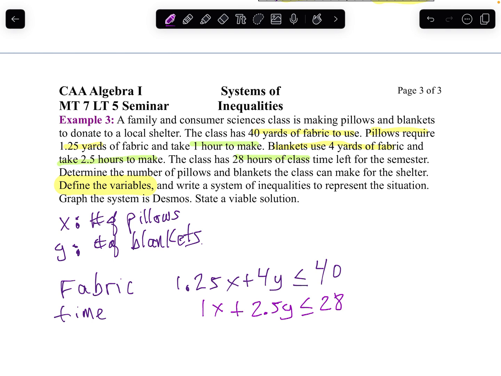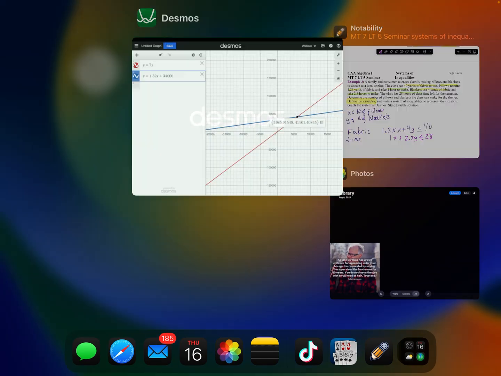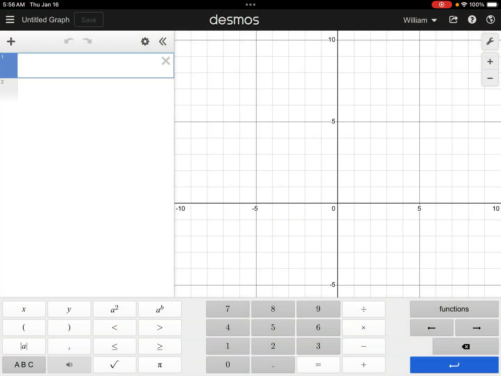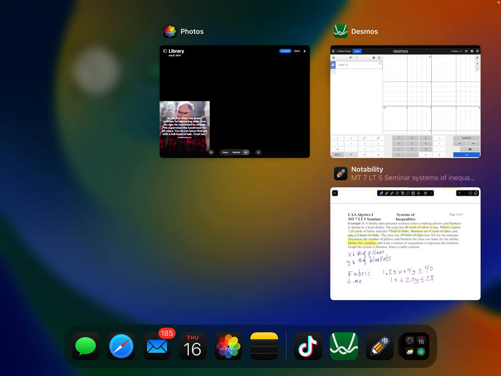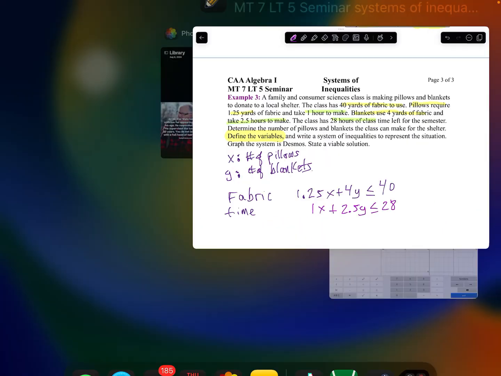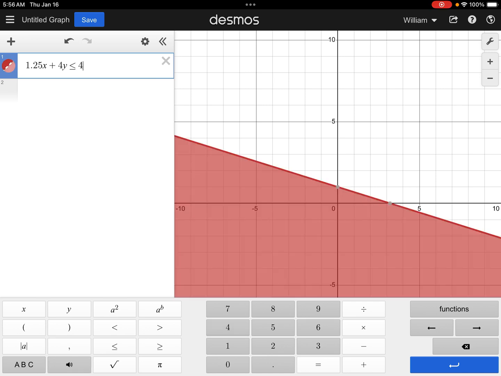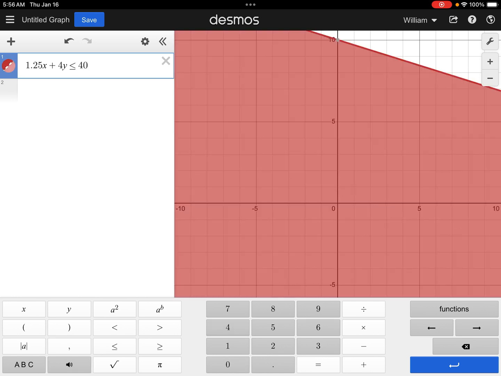Now let's type this into Desmos. So 1.25x plus, and we said 4y, and that's less than or equal to 40. The less than or equal to sign is in your keypad.